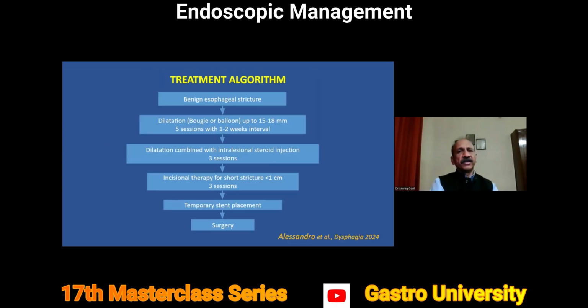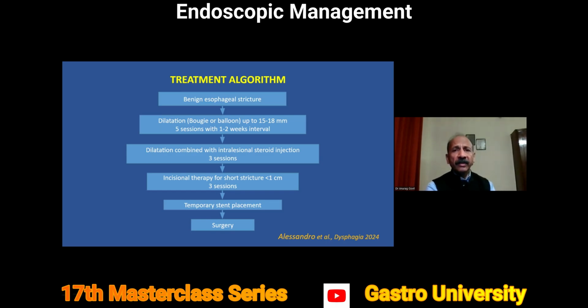In the end, I present a treatment algorithm. This is actually for benign esophageal strictures, and also includes corrosives, but our own experience and the experience at GB Pant is that most corrosives will qualify, go beyond what is said here, and therefore we continue to dilate them despite them being called refractory or recurrent.